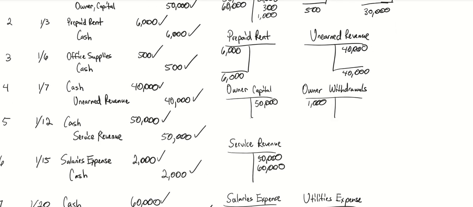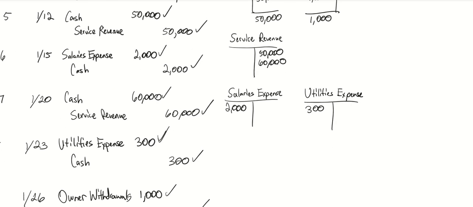Owner capital has an ending credit balance of $50,000. Owner withdrawals has an ending debit balance of $1,000. Service revenue, let me scroll up here. Service revenue has an ending credit balance of $110,000. Salaries expense has an ending debit balance of $2,000. Utilities expense has an ending debit balance of $300. Okay.